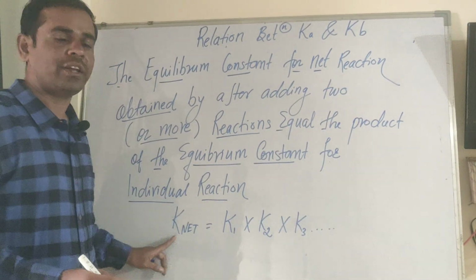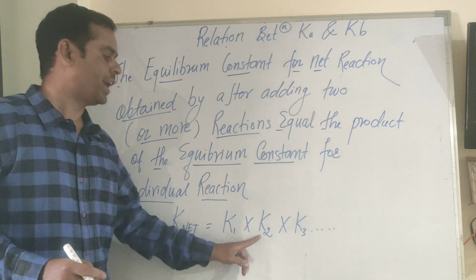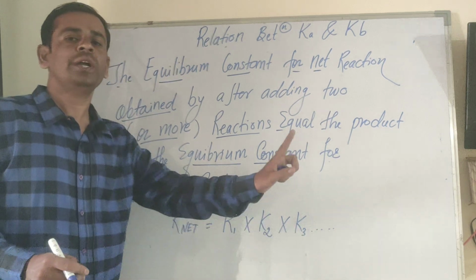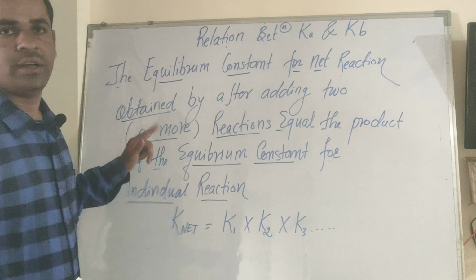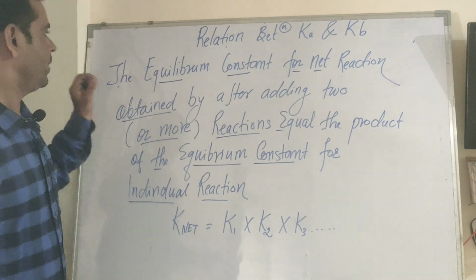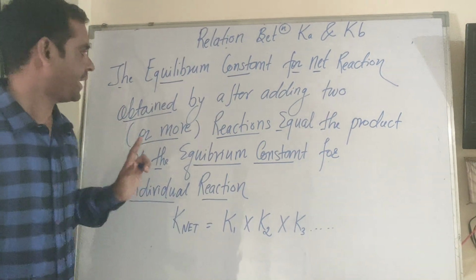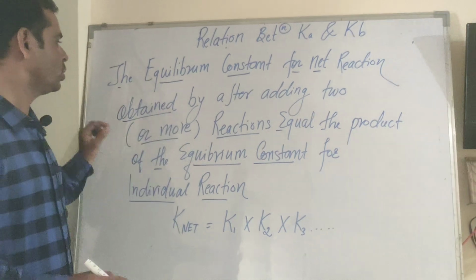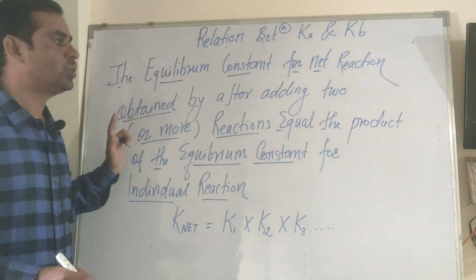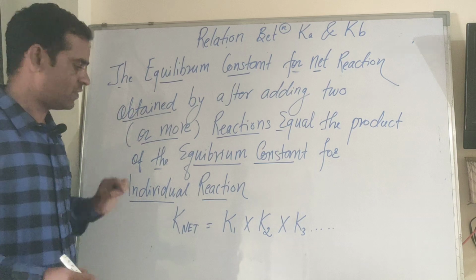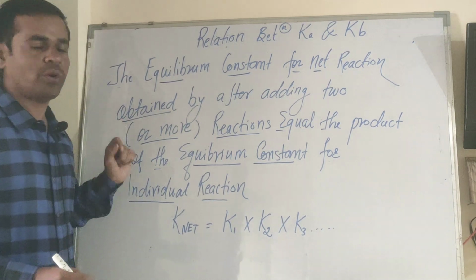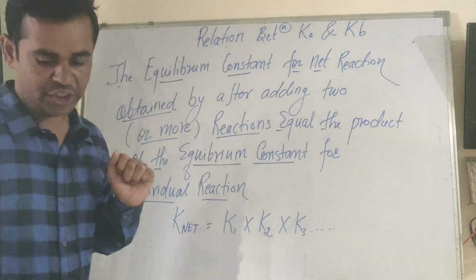So K net is equal to K1 times K2 times K3 up to Kn. In one line: the equilibrium constant for a net reaction obtained by adding two or more reactions is equal to the product of the equilibrium constants for the individual reactions. That's all.